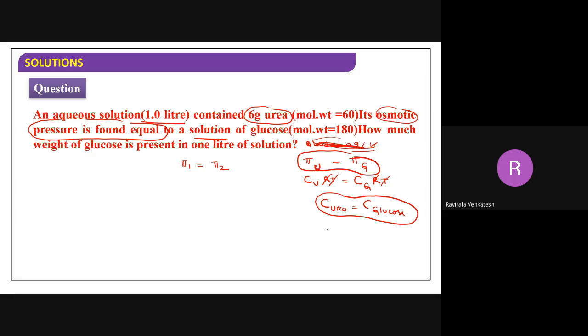Now what can I write based upon concentration? Number of moles of urea divided by volume of the urea. Similarly, number of moles of glucose divided by volume.